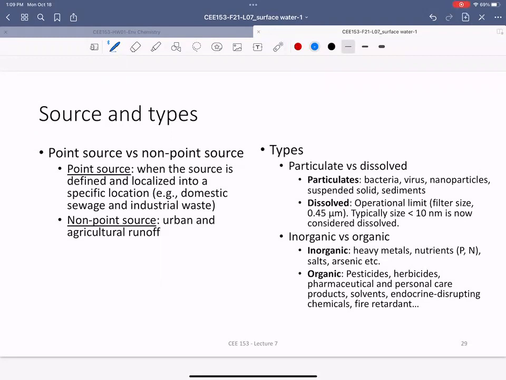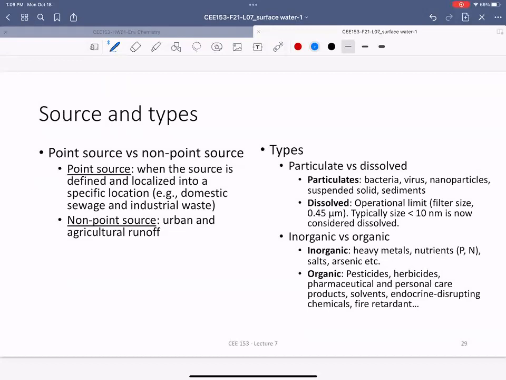So those come from all over the place, and those are non-point sources, meaning you can't pinpoint the exact location of the source. Usually they come in storm water or runoff. That's why it's very important to understand that many problems you can't solve if you don't know the source. Then you have to have generic engineering solutions.